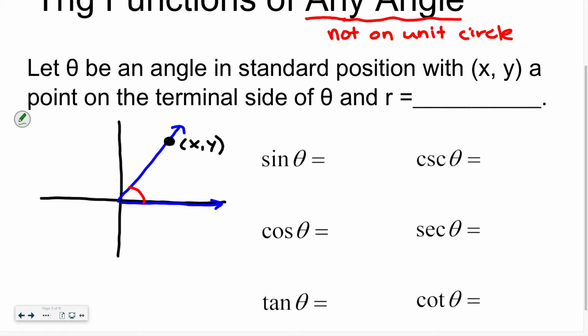When you draw your triangles, whether it's in quadrant 1, quadrant 2, quadrant 3, or quadrant 4, it needs to be part of a bow tie, whether it's a special angle or not. So you always take this point back to your horizontal x-axis. Okay, so you're building a triangle that's part of a bow tie.